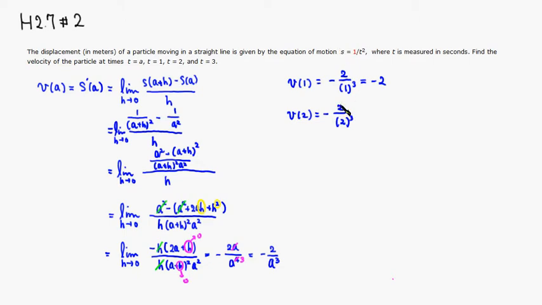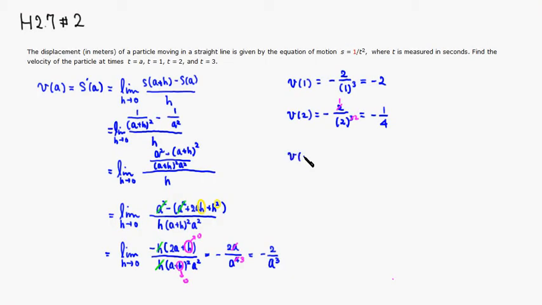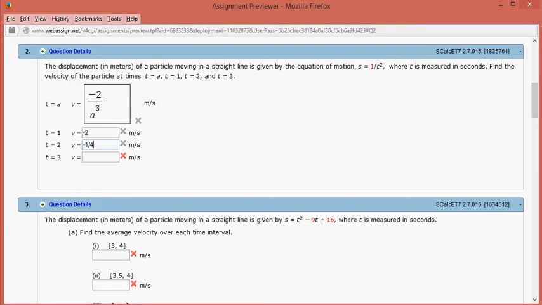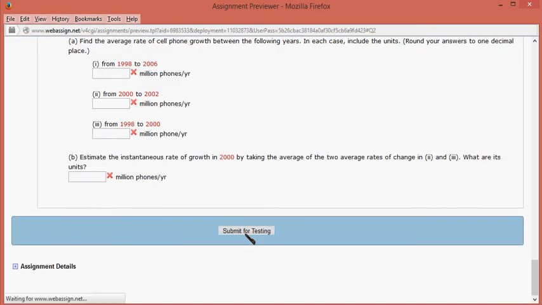You can cancel one of these, so that's squared, so we have -1/4. So v of 3 would be -2 over 3 cubed, so that's -2 over 27.